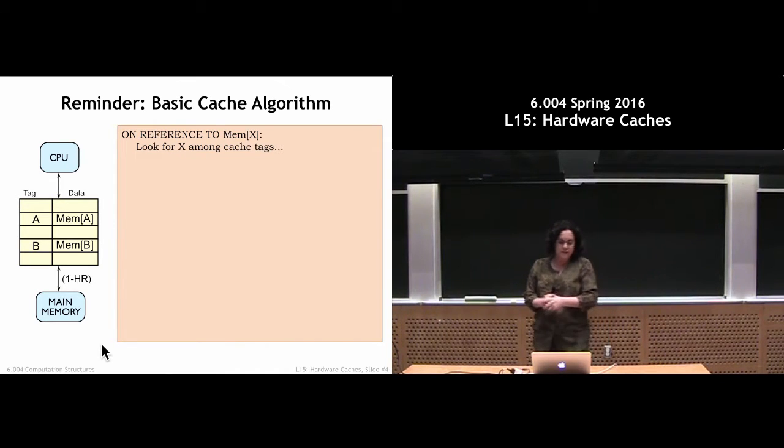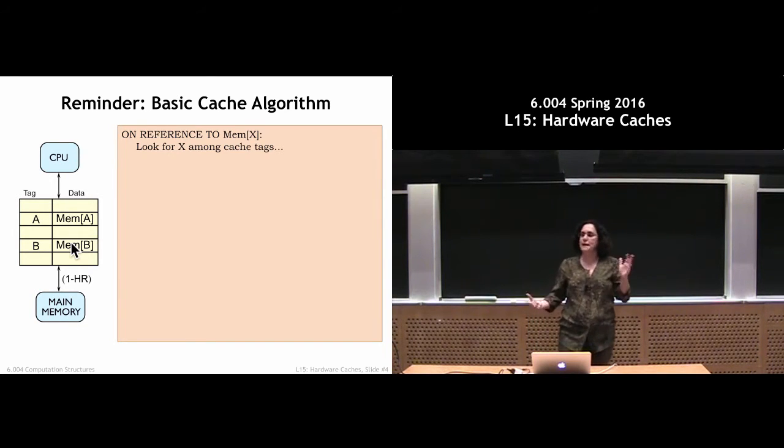We ended with this basic cache algorithm, which looks like this. I have my CPU on one side, my memory on the other, and then this smaller memory which is going to store some of my data.